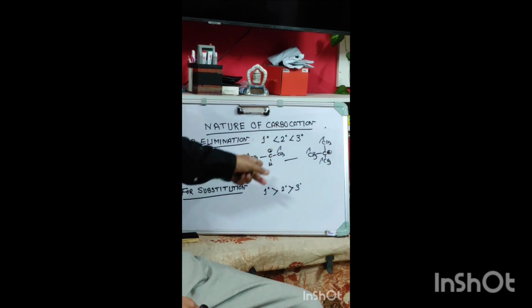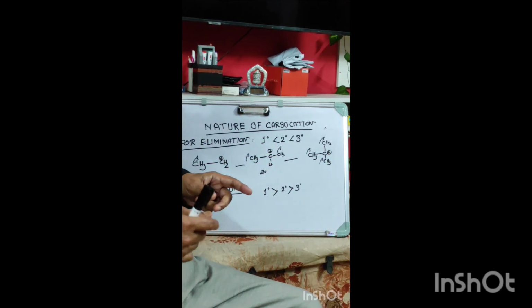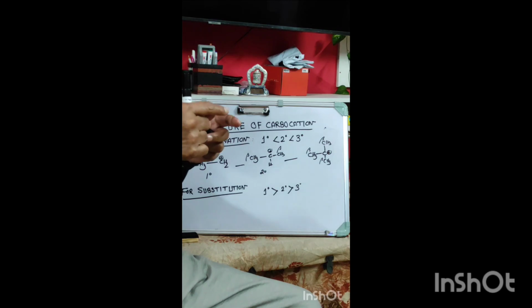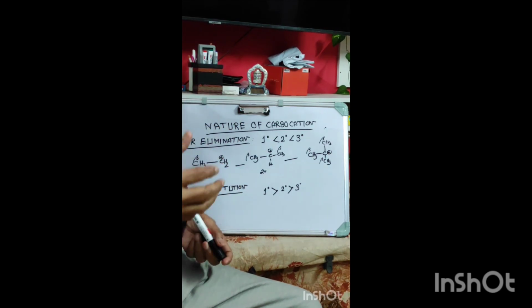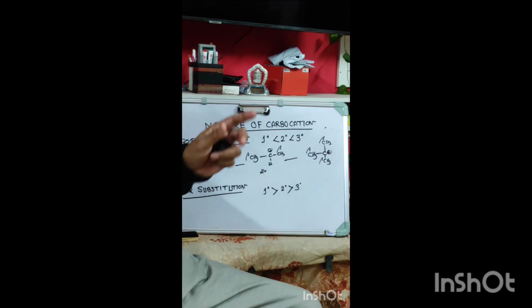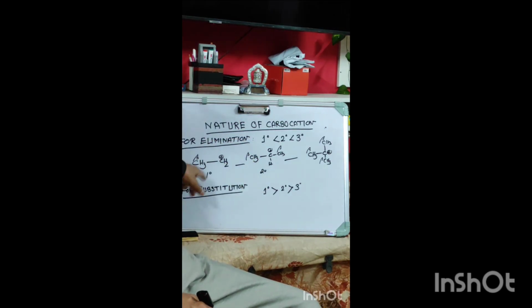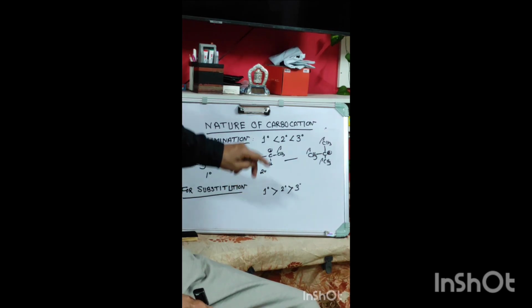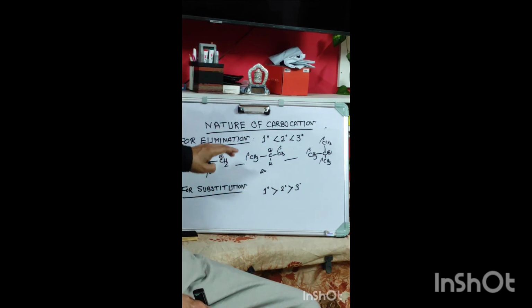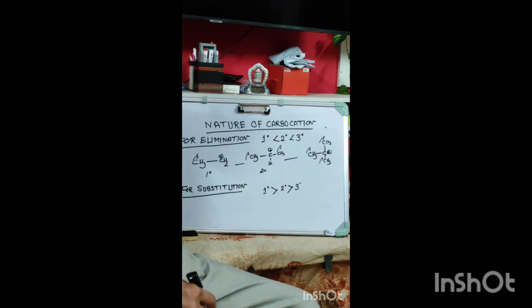So steric hindrance, we can say, is the volume of space, but to some extent charge hindrance is also there, which we shouldn't consider. So for substitution reaction, it is 1 degree greater than 2 degree greater than 3 degree. So this is the general pattern for elimination as well as substitution reaction.